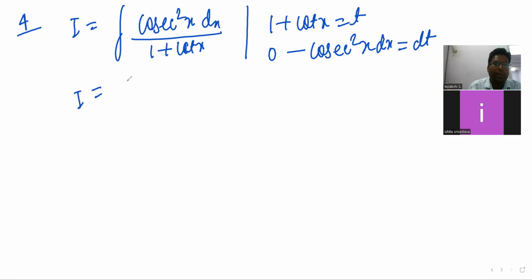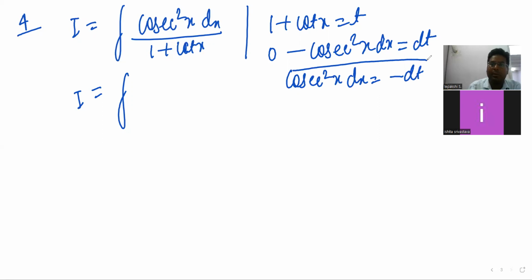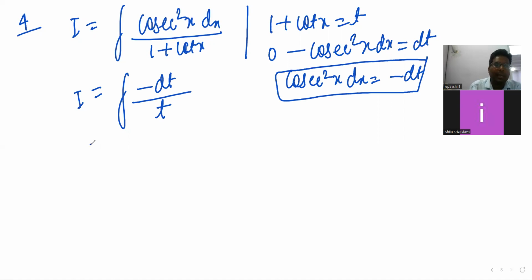So I equal to integration. So minus can be written here. So cosec square x into dx is equal to minus dt. So put here minus dt upon (1 plus cot x), which can be written as t. So take the minus outside, integration dt upon t.